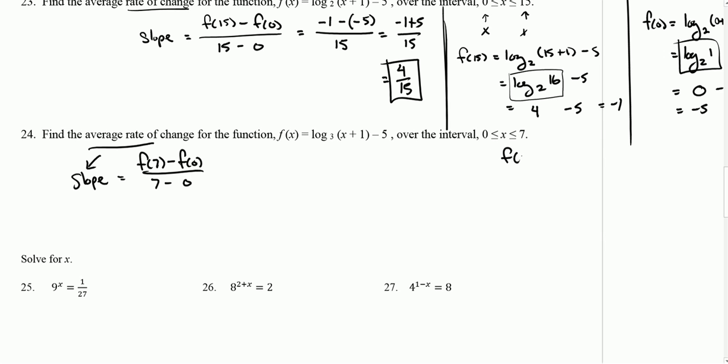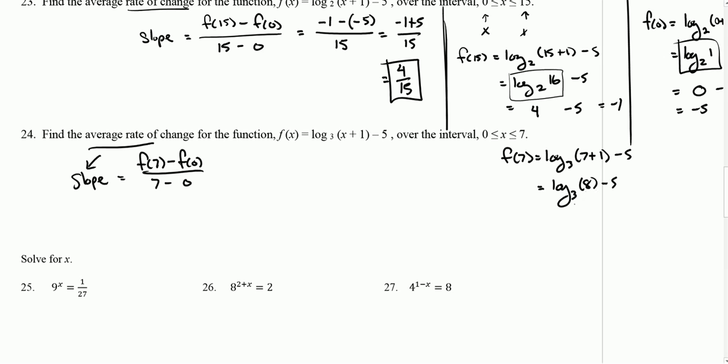So f of 7 is going to be log base 3 of 7 plus 1 minus 5. And that's going to be log base 3 of 8 minus 5.